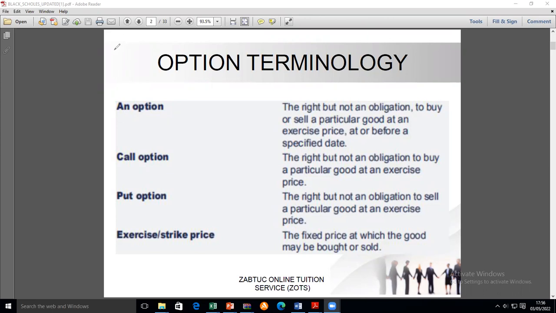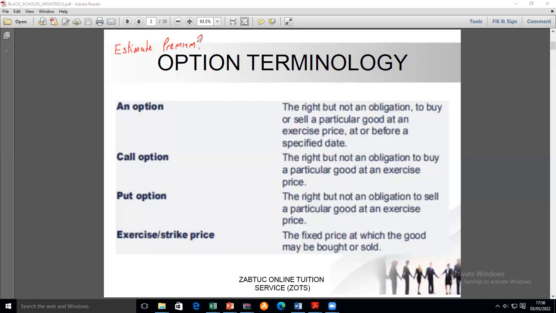The question is, how do we estimate the premium payable? That's what our discussion is all about.